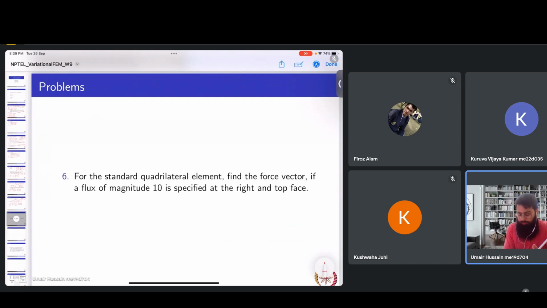So the next problem is: for the standard quadrilateral element, or the master element, find the force vector if the flux of magnitude 10 is specified at the right and top face. So this is our master element.